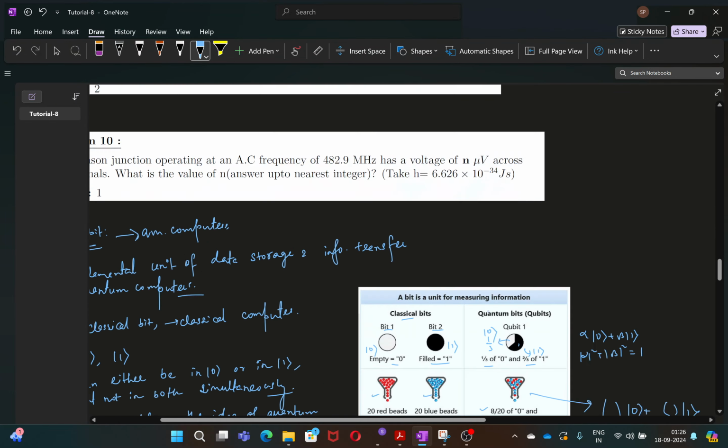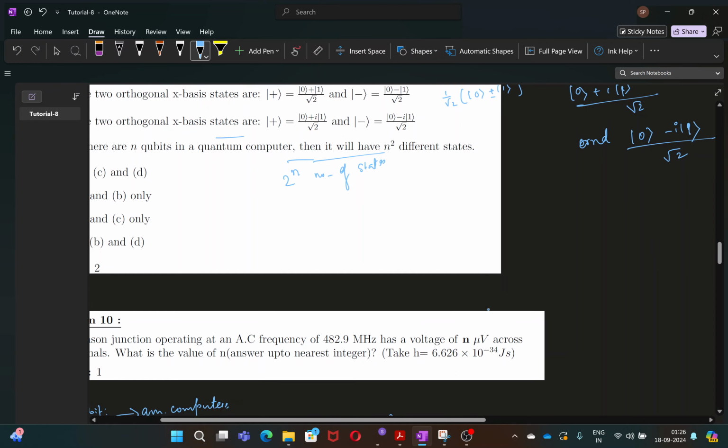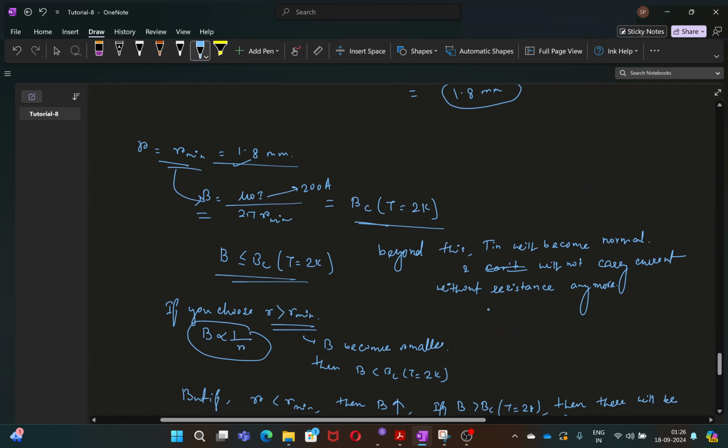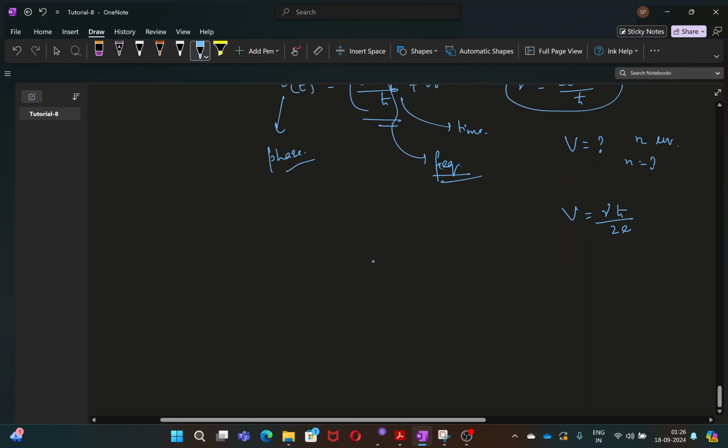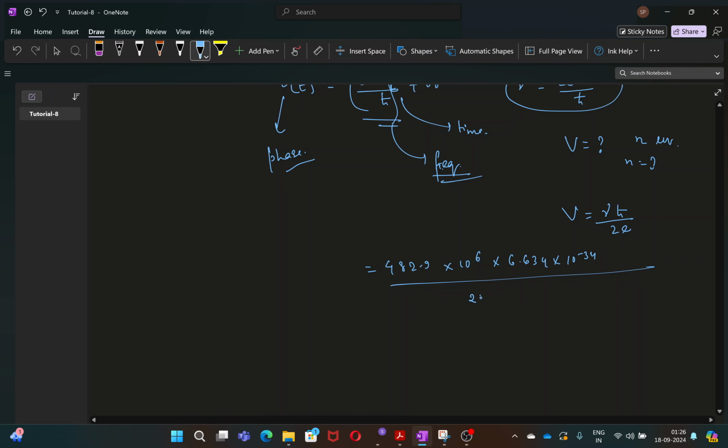So nu equals 482.9 megahertz, which is 482.9 into 10 to the power 6 hertz, into h cut, which is 6.634 into 10 to the power of minus 34 divided by 2 pi, since h cut is h by 2 pi, into 2 into 1.6 into 10 to the power of minus 19. Let us calculate this.